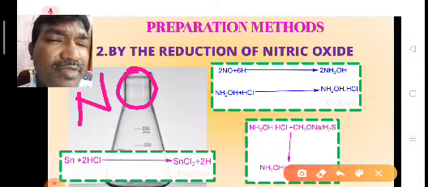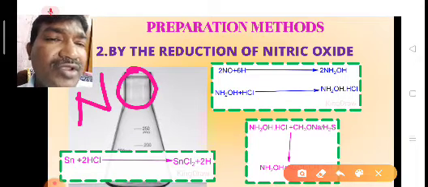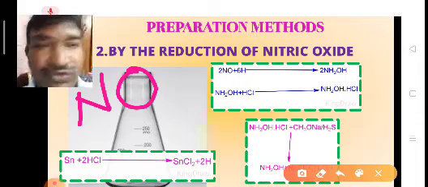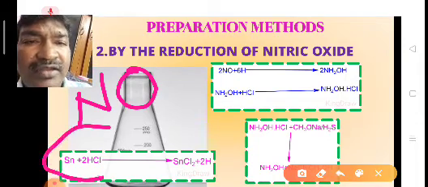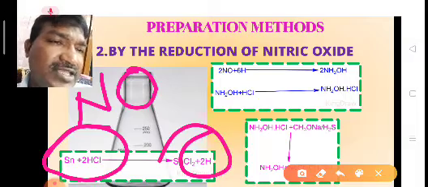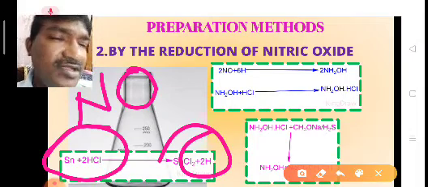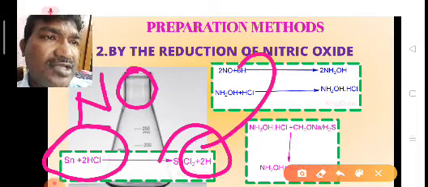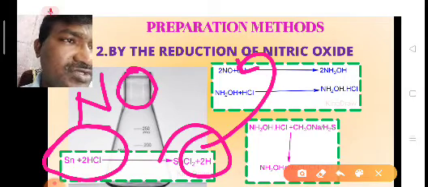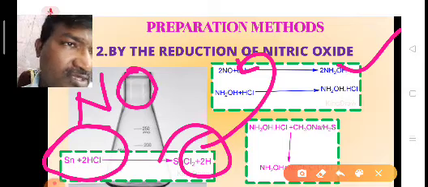So this nitric oxide is reduced by means of tin and HCl aqueous solution. Here, tin reacts with HCl and releases hydrogen, nascent hydrogen atoms. These nascent hydrogen atoms are useful in reducing the nitric oxide. So here we get the hydroxylamine.